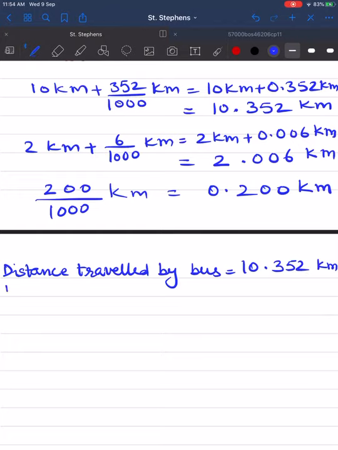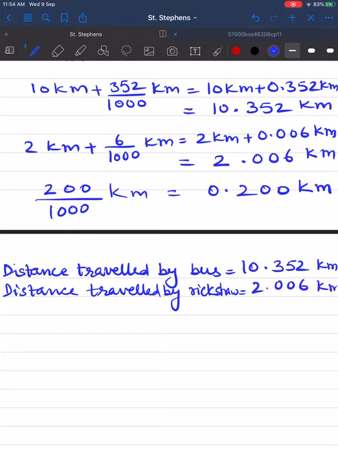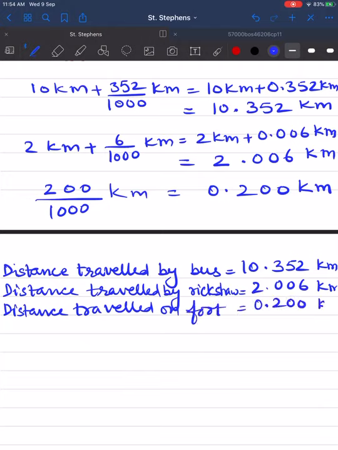Now distance traveled by auto rickshaw, it is 2.006 kilometers, and distance traveled on foot is equal to 0.200 kilometers.